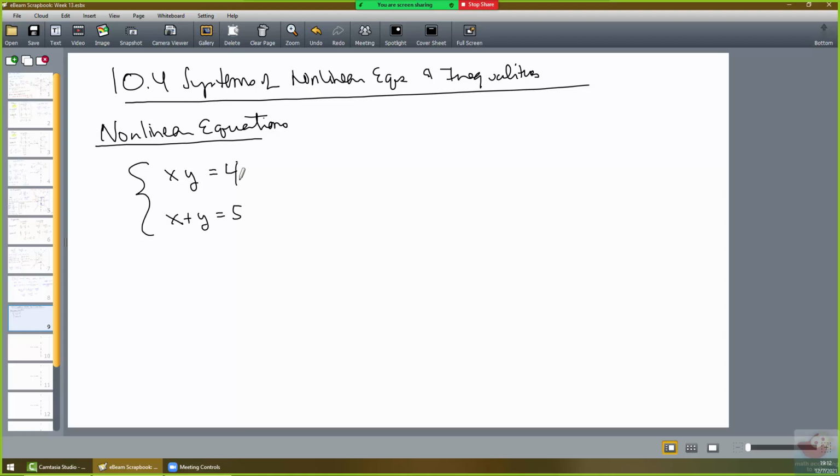Substitution is totally fine. And remember, in the process for substitution, you pick an equation and you solve for one of the variables in that equation. So for instance, in x plus y equals 5, that'd probably be easier to solve for a variable. We can solve for x, for example, by subtracting y from both sides.